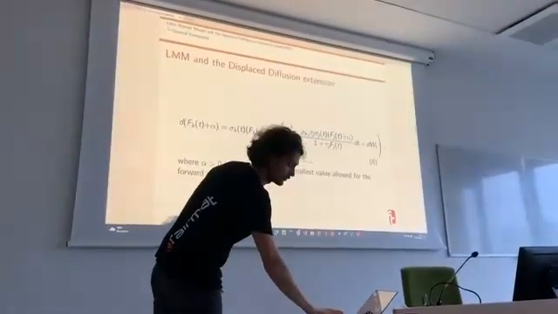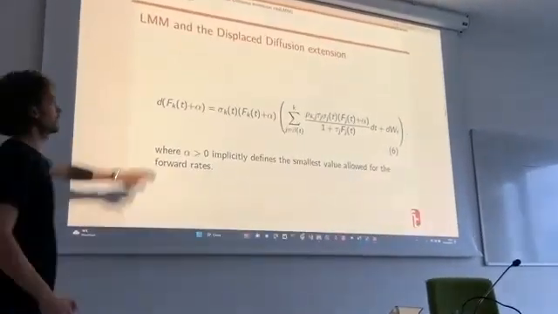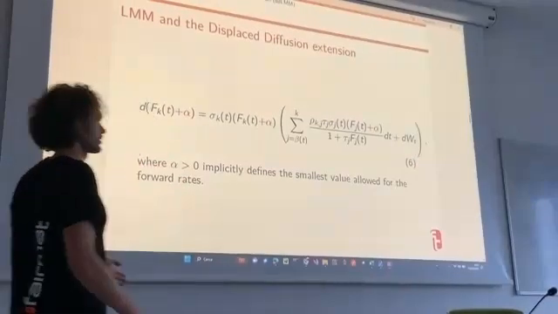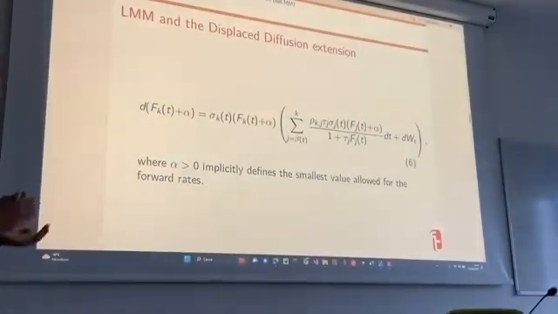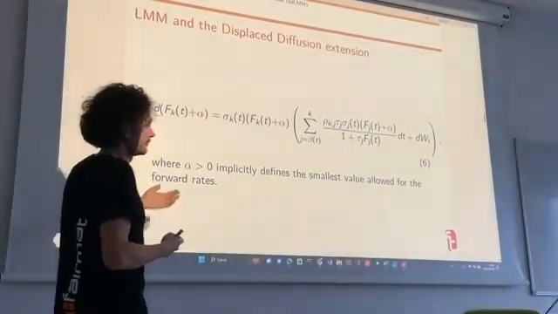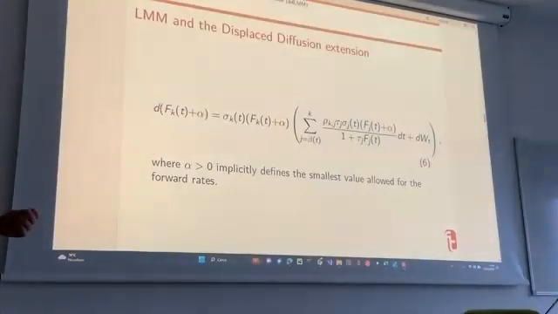Because we shift the model. Basically, we did nothing else than adding a constant alpha. And this constant you can see as a floor for your forward rates. Implicitly, it is the smallest value you can reach with your forward.